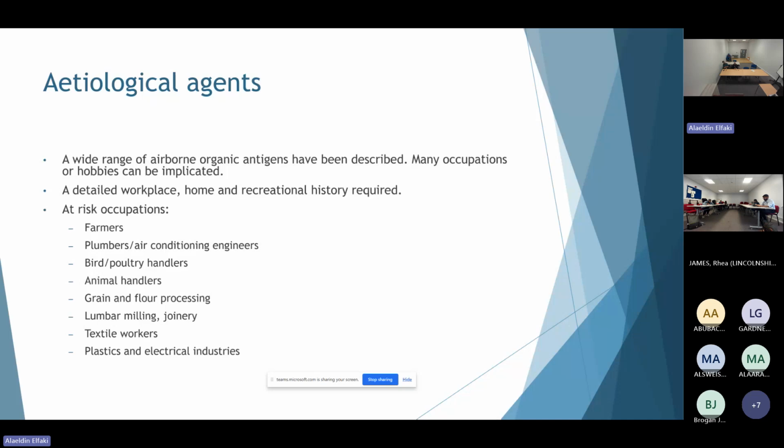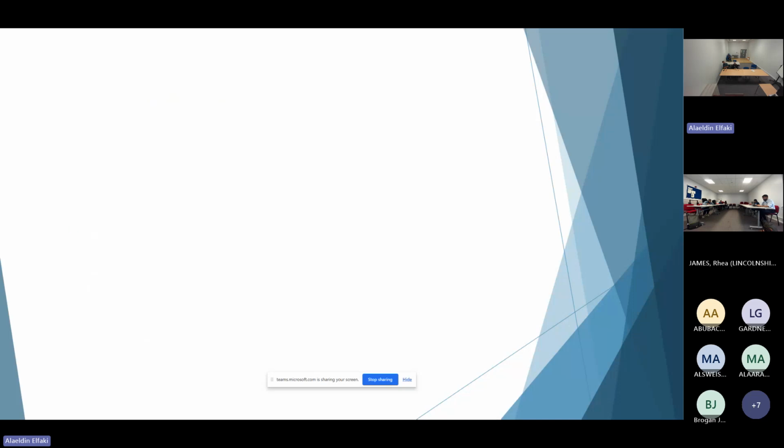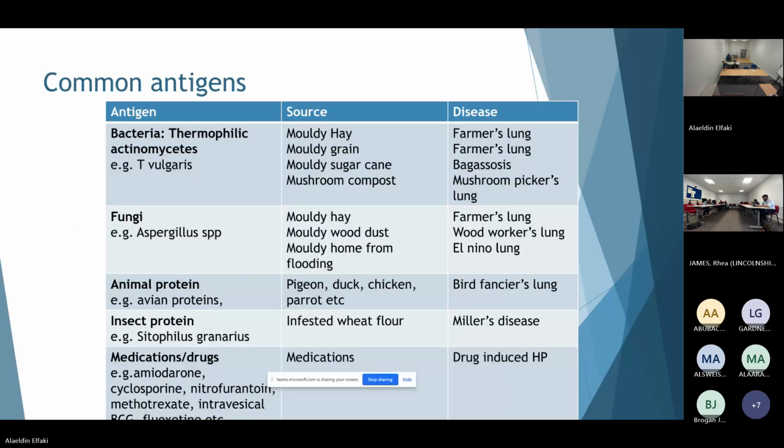It's very important to ask if the patient has any pet at home, and how close the patient is to his animals. That might give a clue regarding the etiological factors of the lung fibrosis.